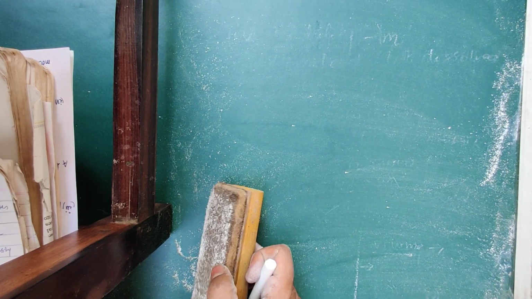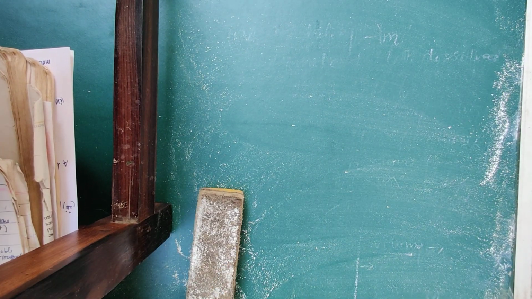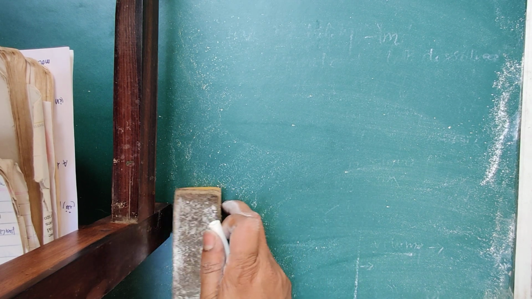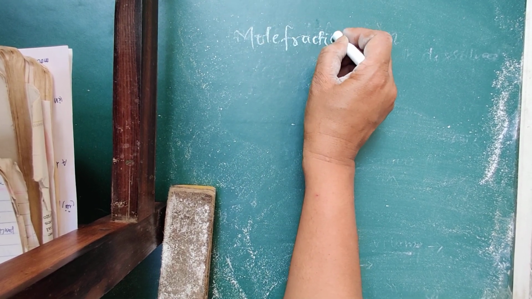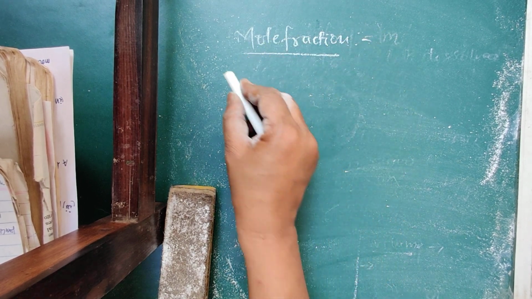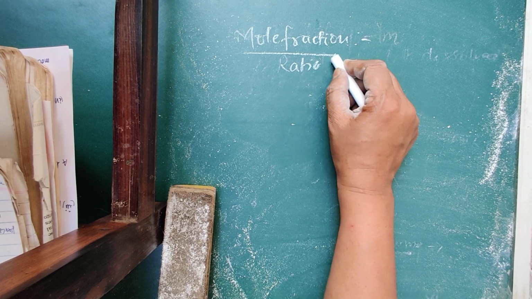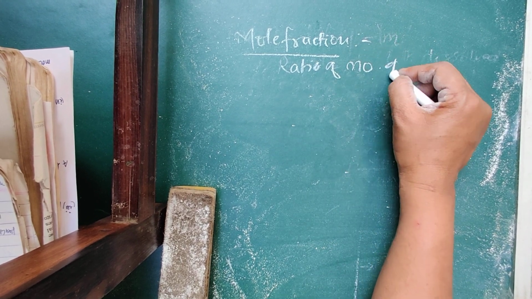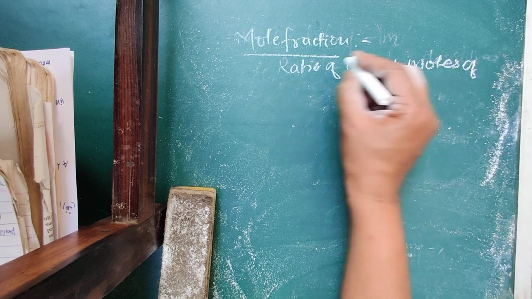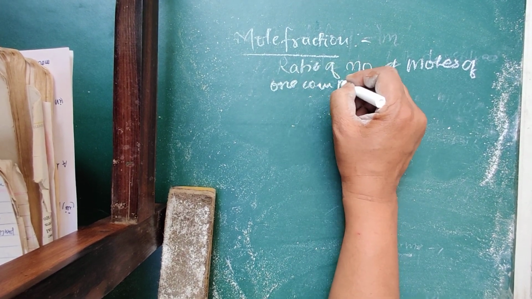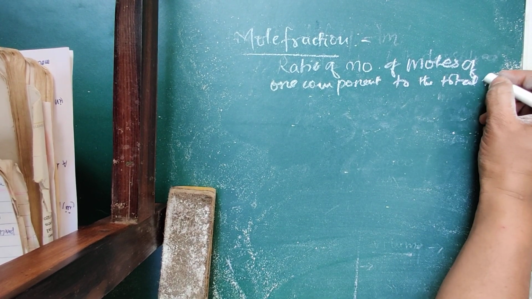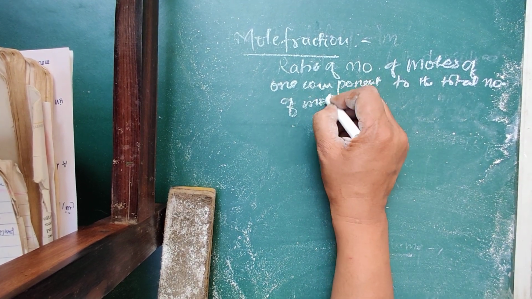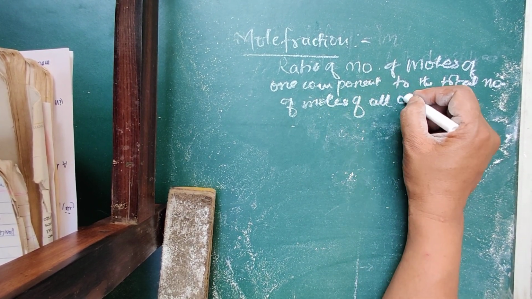Next is mole fraction, the last method of expressing concentration. Mole fraction is nothing but the ratio of the number of moles of one component to the total number of moles of all components.